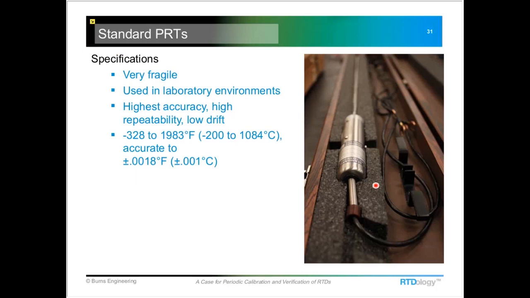And those are usually only done with a high-end SPRT like this one. These do have a fairly wide temperature range that they can be used over. Again, accuracy is exceptional, drift rates are very low, but they really need to be treated extremely carefully.